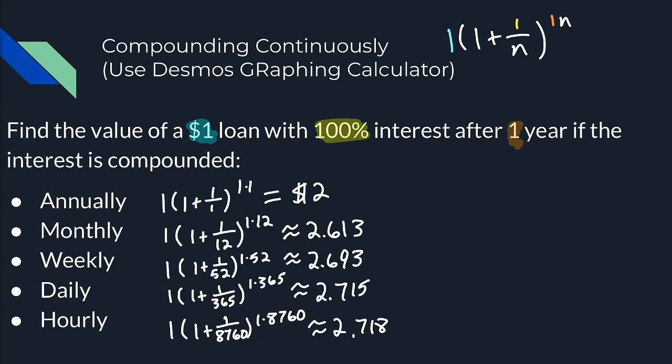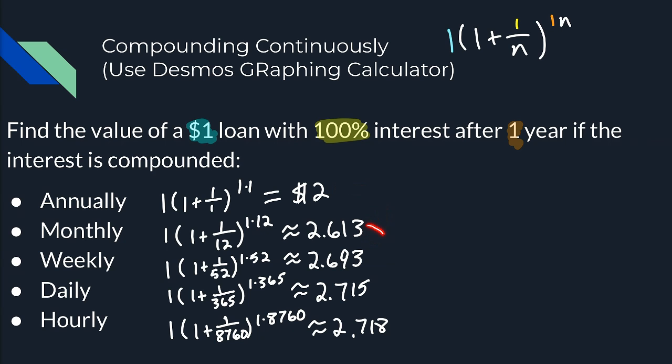What do you notice about the difference in dollars as we increase the number of compounds? Anyone notice anything interesting there? Well, when we went from yearly, annually to monthly, we had an increase of about 61 cents.